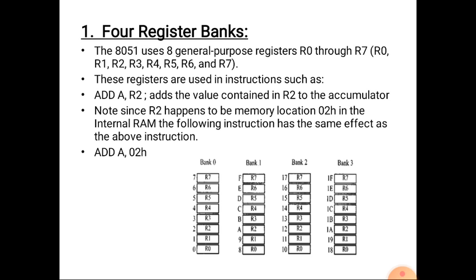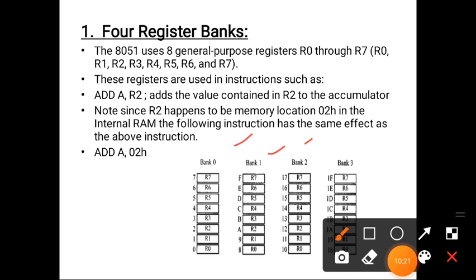These 4 register banks are bank 0, bank 1, bank 2, and bank 3. The 8051 uses 8 general purpose registers, R0 to R7, and these registers are used in instructions such as ADD A, R2.